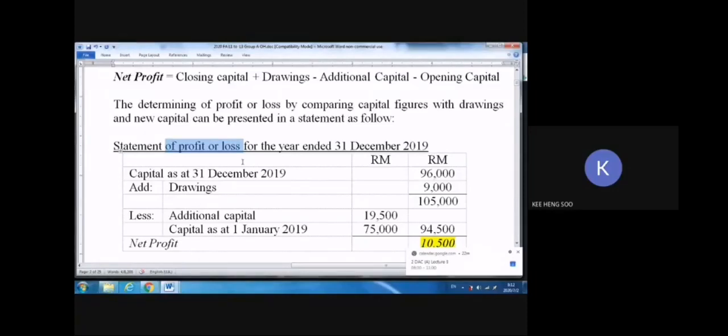So my tutor is saying that you change it to statement to ascertain. It means to find out. Okay, statement to ascertain the profit or loss. You got it?